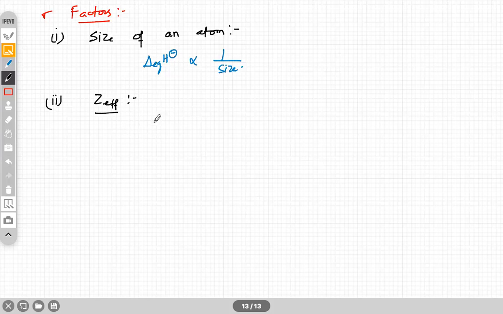So Z effective is directly proportional to this. With more Z effective, there is more attraction towards the nucleus, and more tendency to accept an electron.